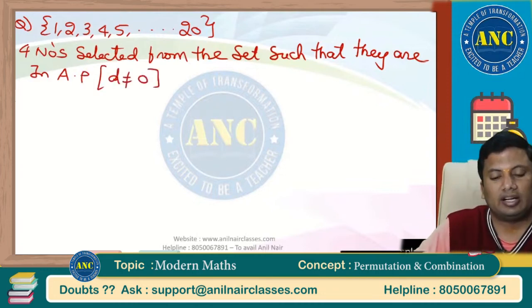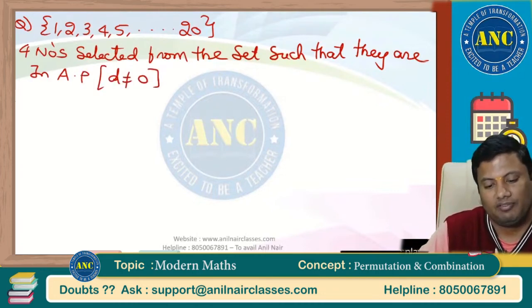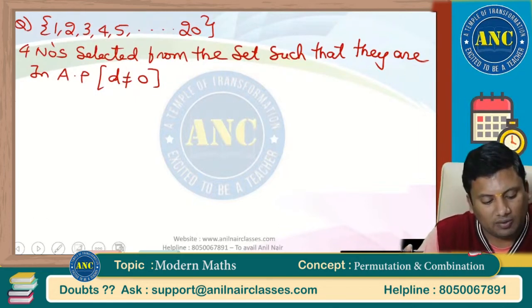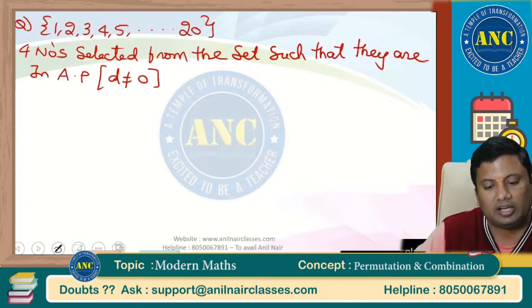I need to select 4 distinct numbers from the set such that they are in arithmetic progression.